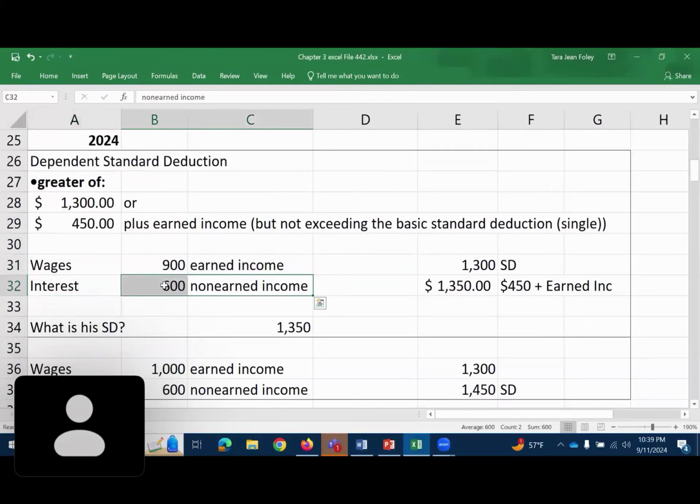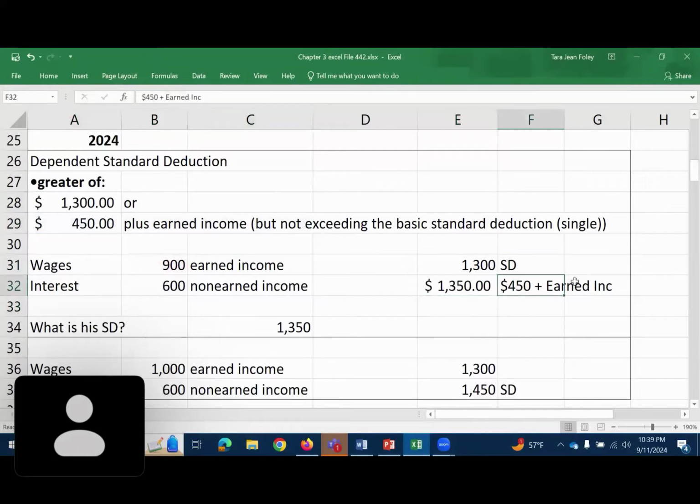So which is greater? I've got $900 of wages. The $1,300 is the standard deduction. I'm going to compare that to my earned income plus 450. $900 plus 450 is $1,350.